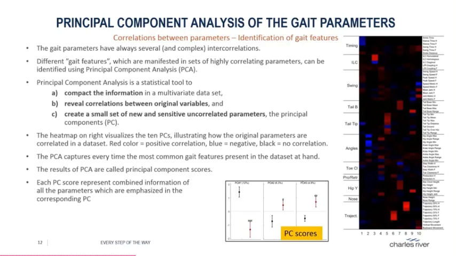In the same manner, we look at PC5, so it's there. This can be called tail tip height, and PC7 as overall hip height, which consists of both tail base and also hip height parameters. PCA captures every time those gait features which are the most common in the current dataset.